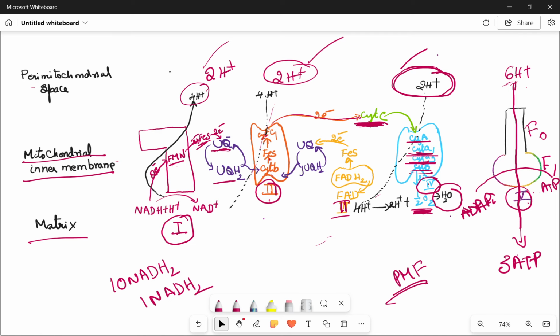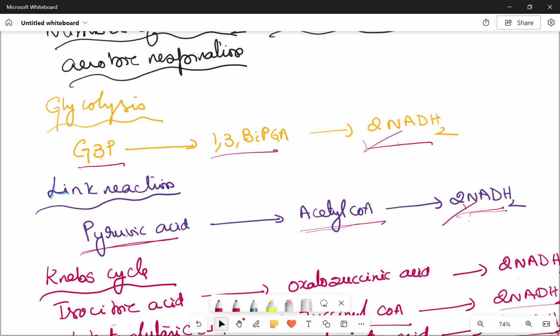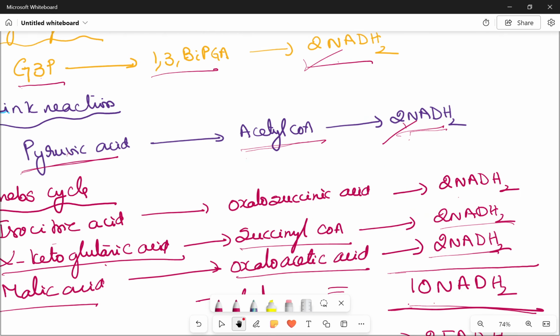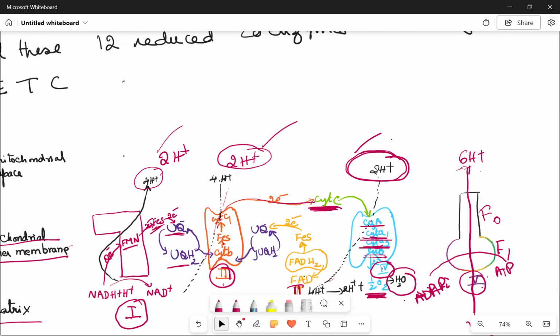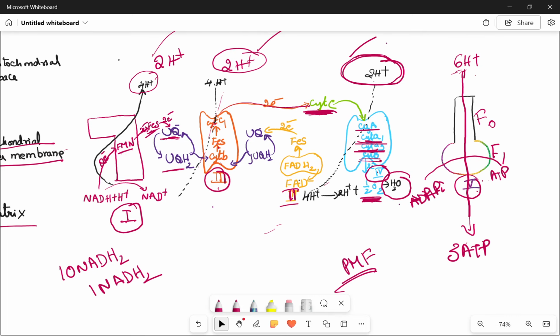So here, according to the NCERT diagram, 2 protons, 1 ATP. Diagram wise it is 2 protons, 1 ATP; matter wise it is 4 protons, 1 ATP. According to the option, you have to answer. They don't give both, so they don't confuse you. So 6 protons means 3 ATP.